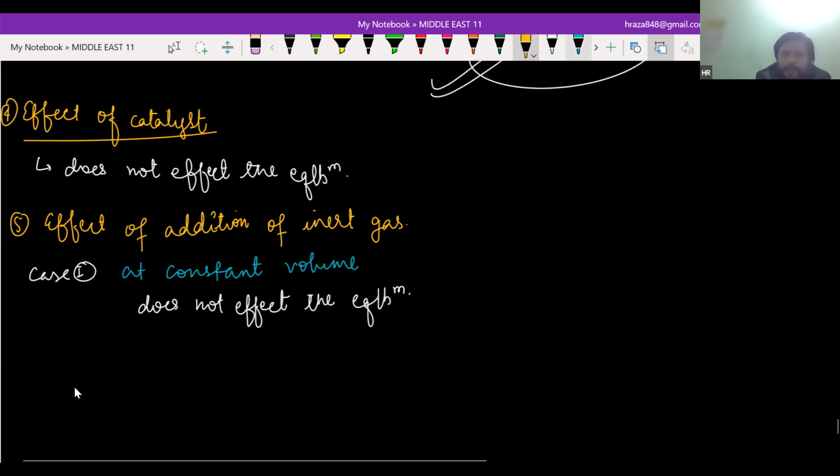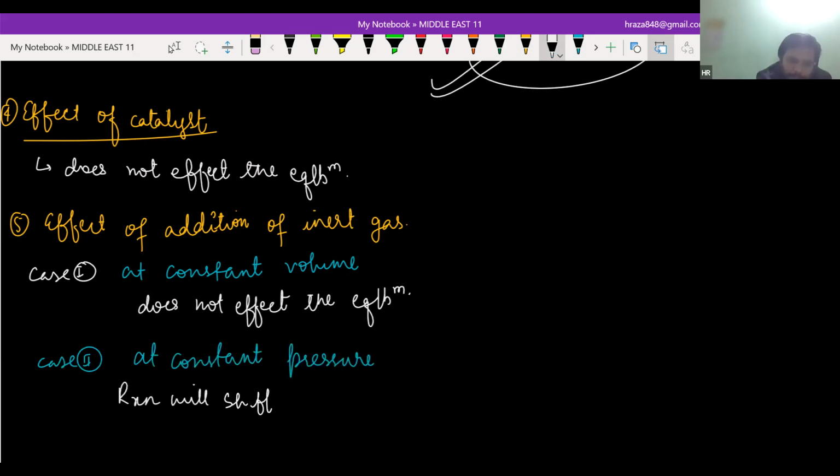And case two: at constant pressure, the reaction will shift in that direction where the number of moles increases.